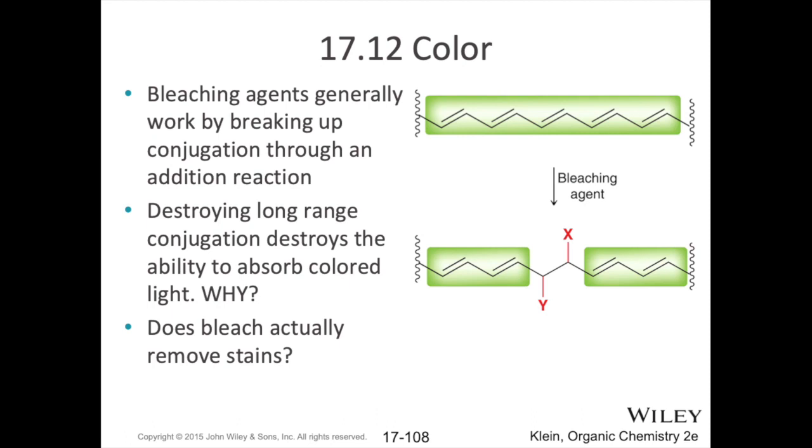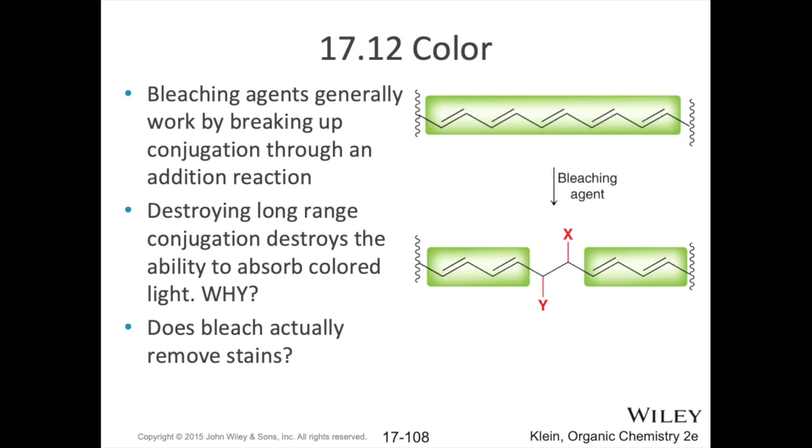Effectively, the bleach oxidizes bonds and opens up parts of these conjugated pi systems, and now you no longer have this extensive conjugated pi network. You just have smaller pockets that are isolated. And then they absorb in regions that are not visible. They absorb more in, let's say, the UV range, for example.